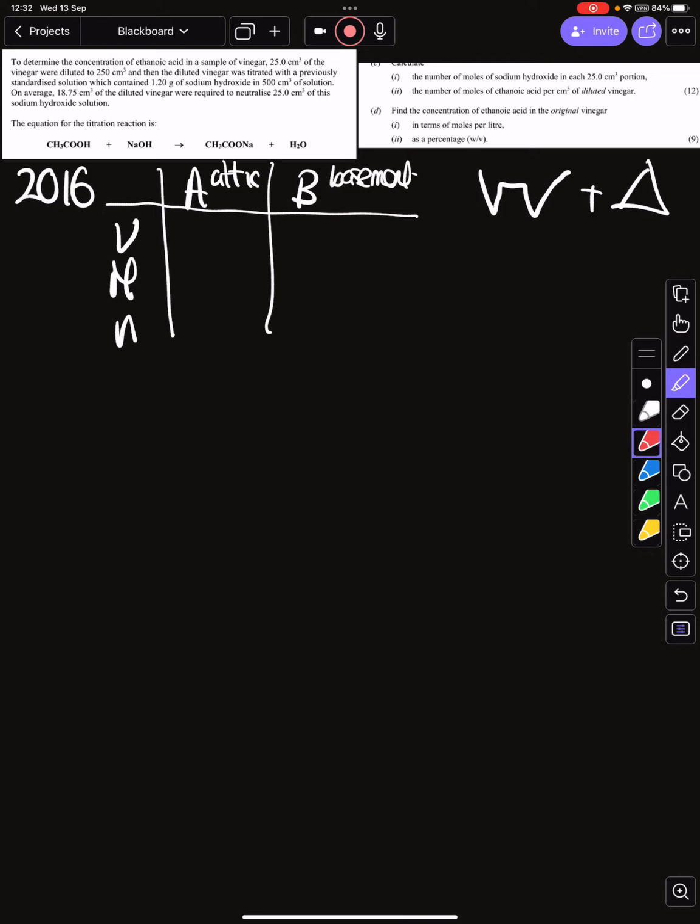So the first thing that we need to do, please, is figure out what are the details that we have for the acid. The acid was our vinegar, and for our titer volume, we have 18.75 centimeters cubed, and there doesn't appear to be a big M value there, so I'm putting in 18.75.